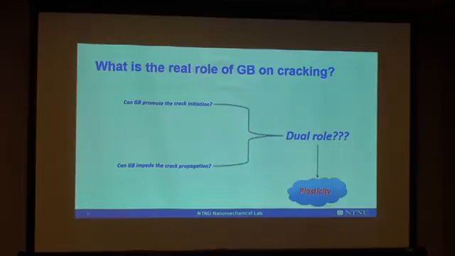So, compared to this question, what is the real role of the grain boundary under hydrogen-induced cracking? Does it promote crack initiation, or just impact crack propagation, or does it show a dual role?